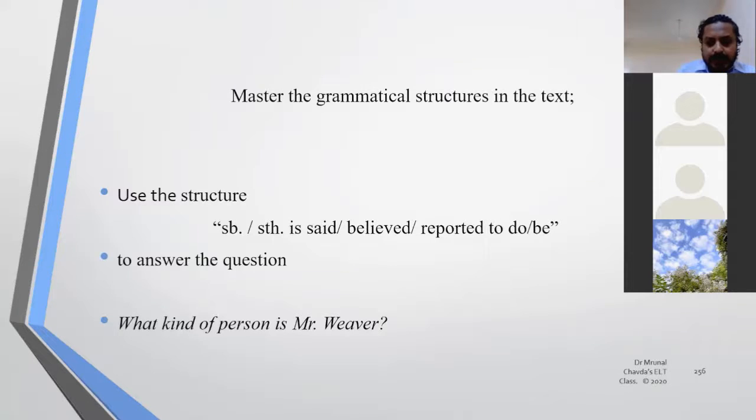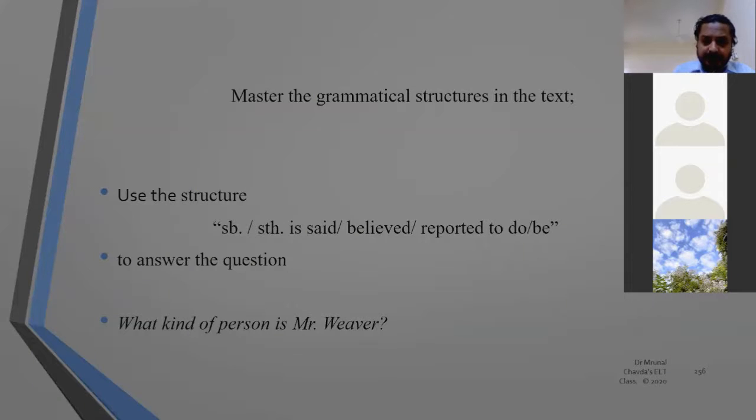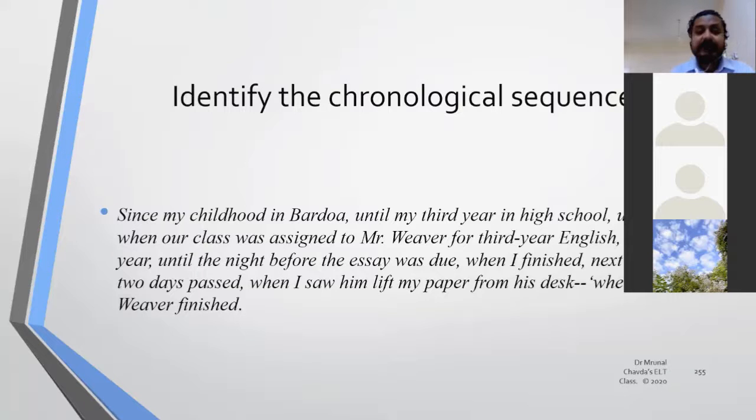So you may want to answer that Mr. Weaver lived in Baroda, or instead of saying this, because it's written here, Mr. Weaver was in Baroda. So you are not sure, and you have to use that structure.